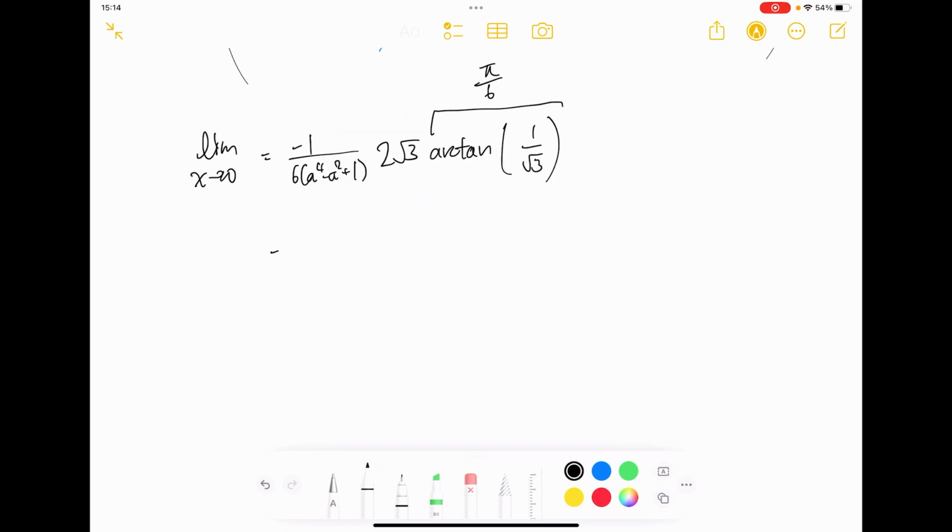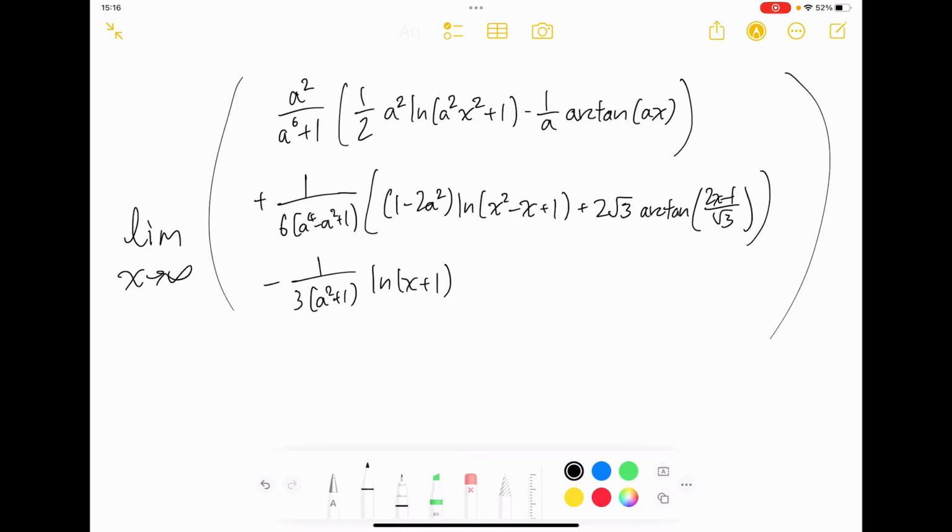So in the end, we get negative 1 over 6 times a to the 4th minus a squared plus 1, times 2 root 3 pi over 6. Maybe we can clean this up a bit. Let's see. Can't really do anything, I'm just going to leave it like that. You might get annoyed if I don't turn that into a pi over 3, but whatever. Right, so that is the limit to 0, and now we will find the limit to infinity.